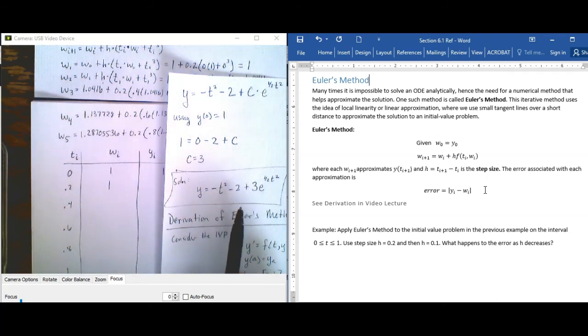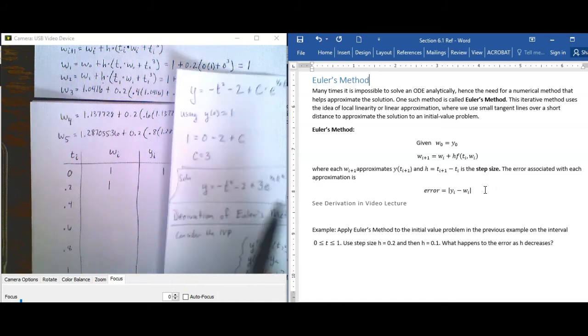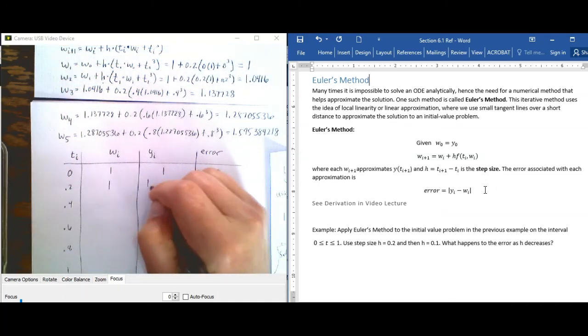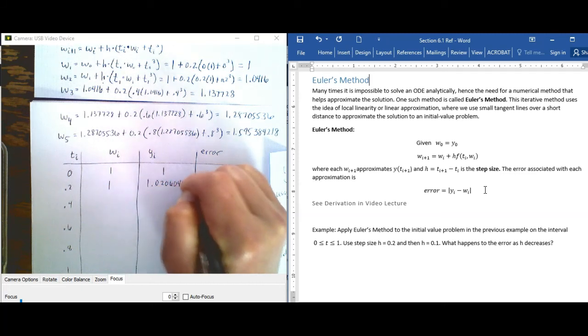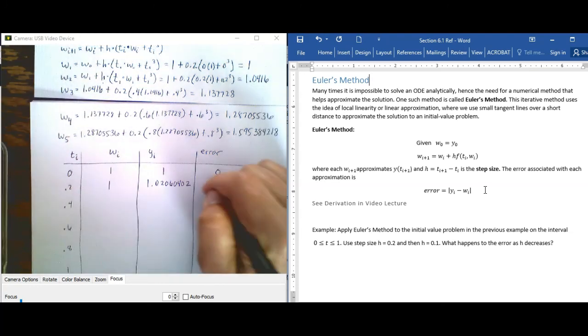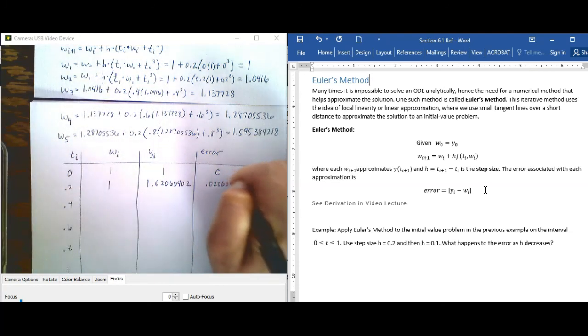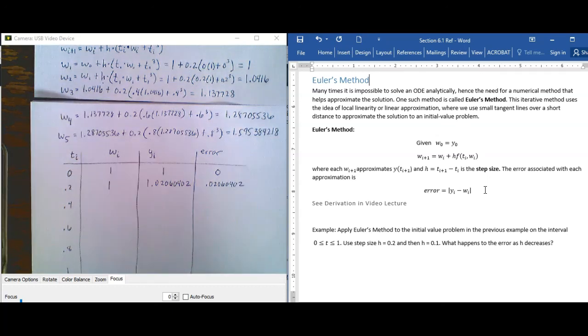So negative 0.2 squared minus 2 plus 3e to the 1/2 times 0.2 squared. So the exact value is 1.0202... 60402. So our error is 0.02061402. Okay.